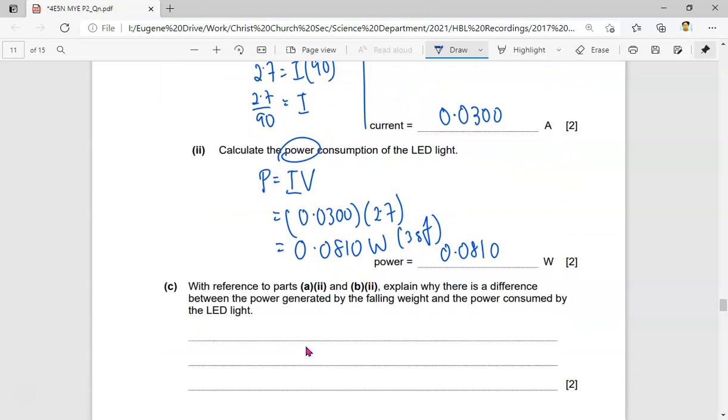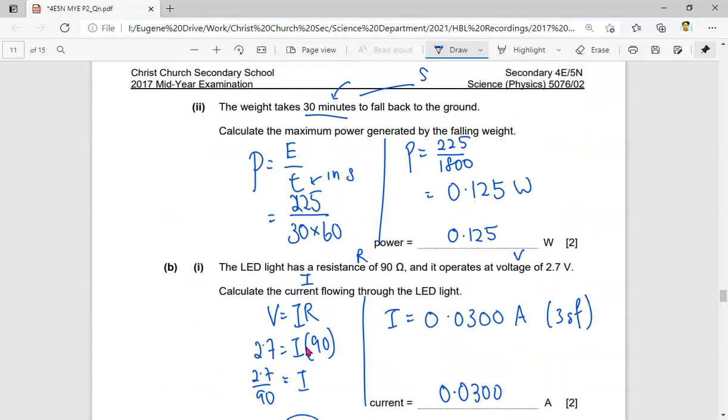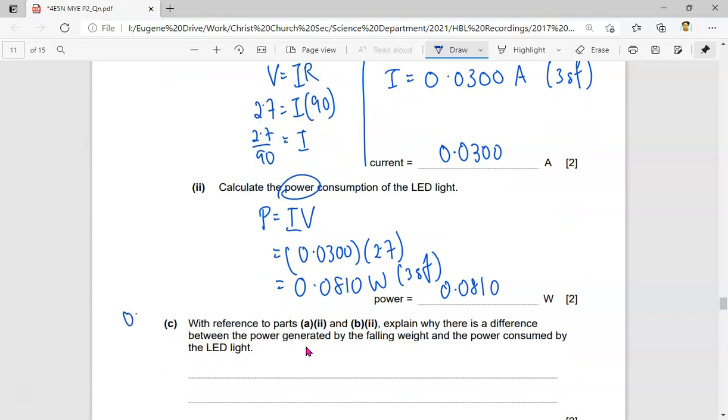Now, it says with reference to A part 2 and B part 2, explain why there's a difference between the power generated by the falling weight and the power consumed by the LED light. So if you look at the question here, the weight falling down has a power of 0.125, but the LED light only has a power consumption of 0.0810. So 0.125 is the weight falling.